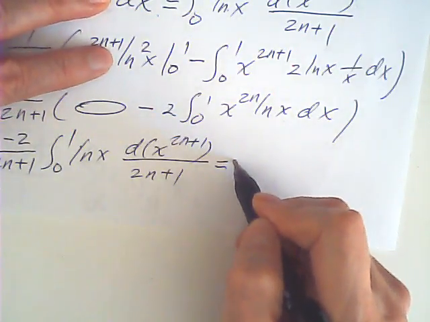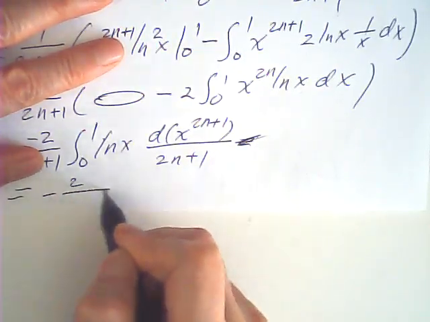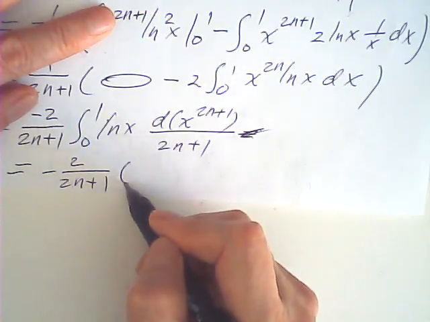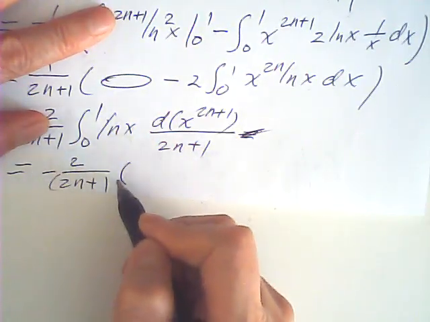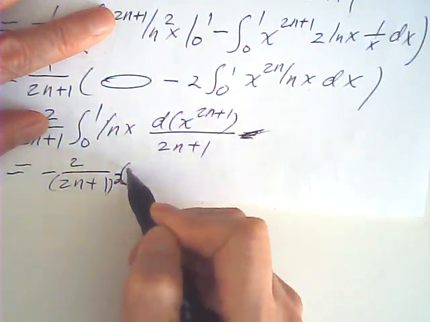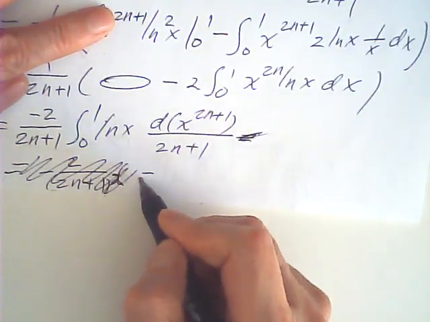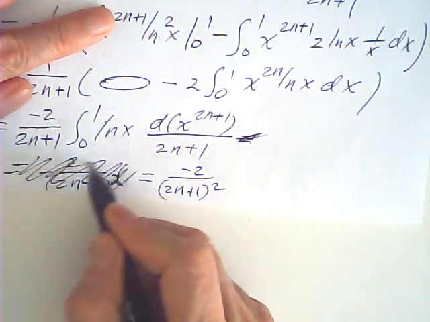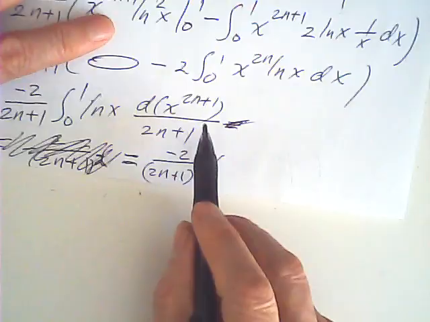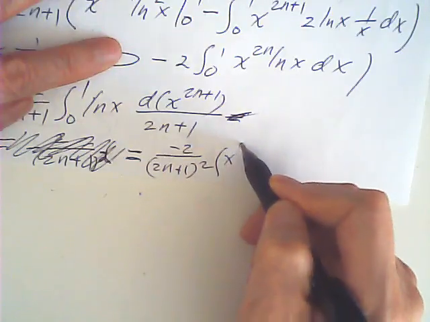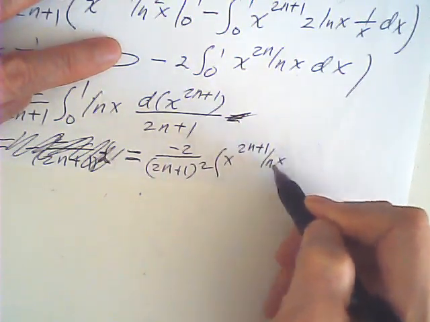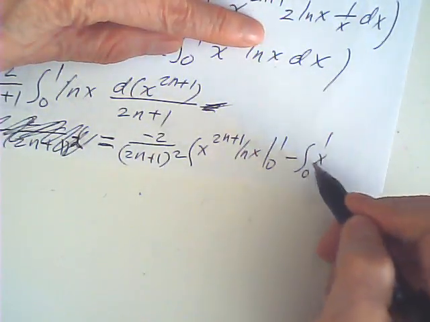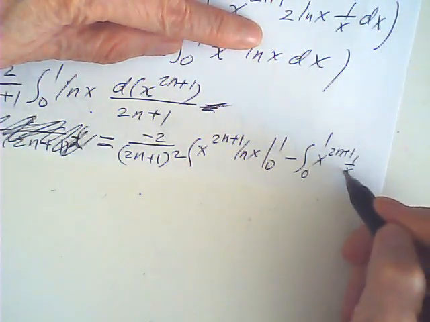This one is equal to, I'm changing the line, negative 2 over 2n plus 1, and the constant taken out becomes a square, so negative 2 over 2n plus 1 squared. uv, u times v, this times this, minus integral of v du, v is this, du is 1 over x dx.